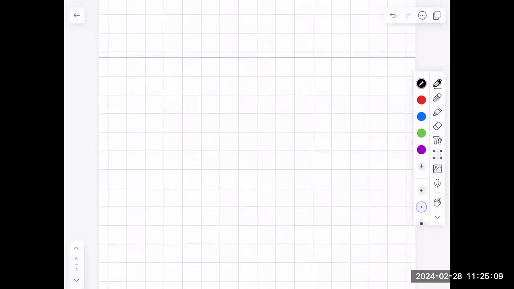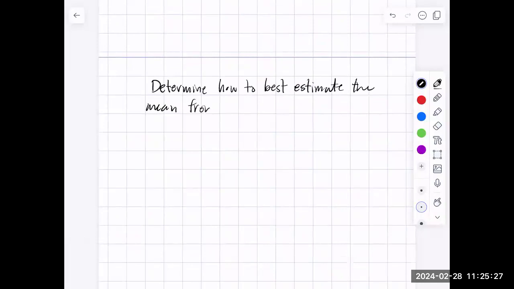So what we're going to try to do is determine how to best estimate the mean from a set of n measurements.